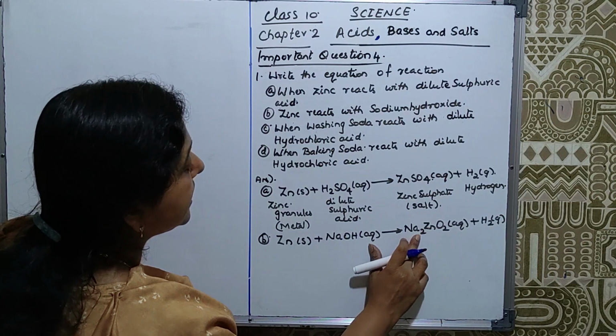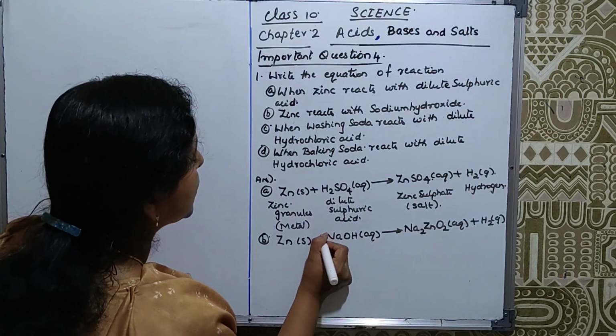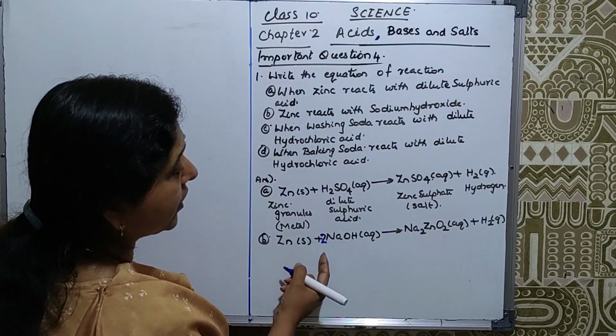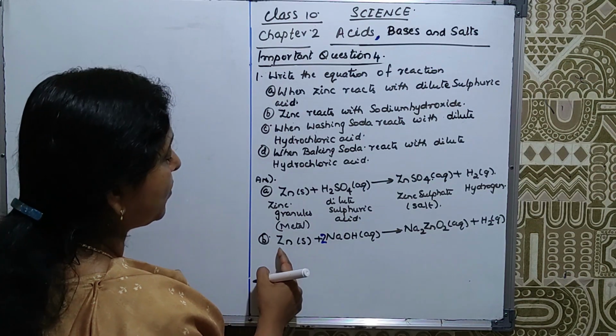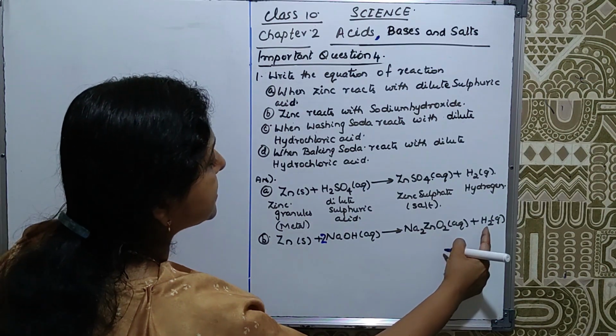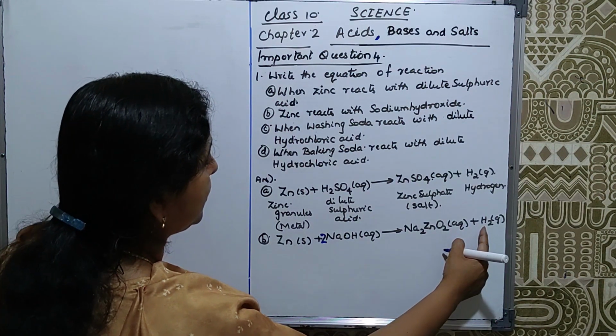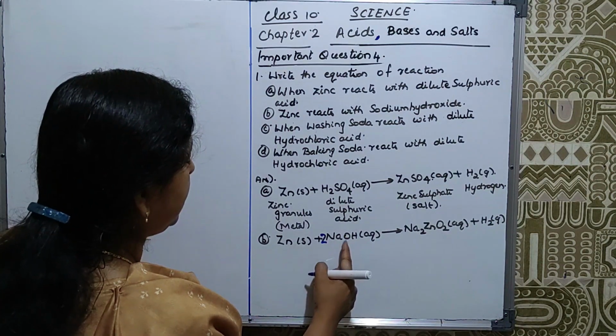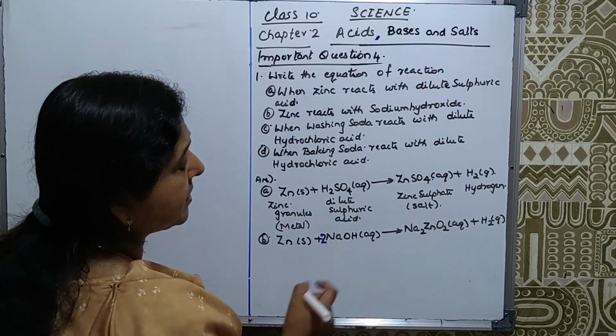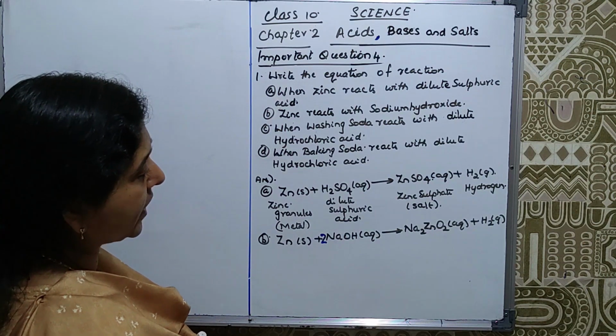So here, sodium is present 2 times, zinc is present 1 time, hydrogen is present 2 times, and oxygen is also present 2 times. So it is a balanced equation, 2NaOH.